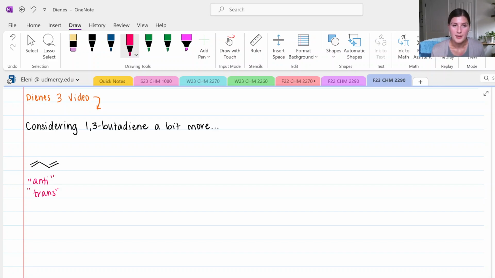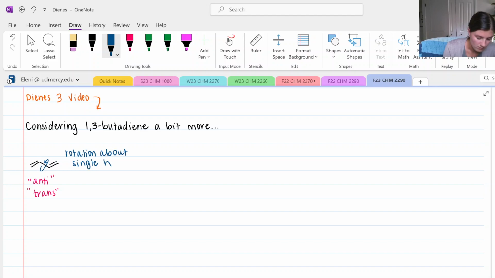But we know that single bonds can rotate, so we can rotate around this single bond and get different conformations of 1,3-butadiene. So if we rotate around the single bond, we can get what we call a gauche representation.